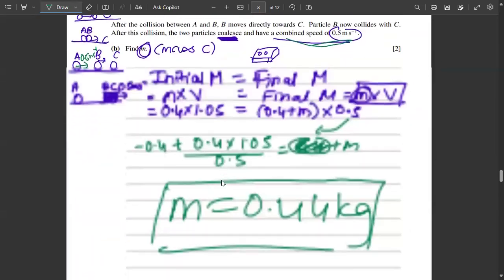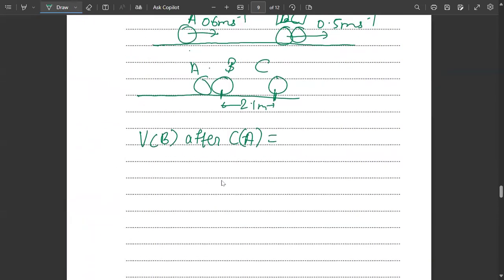The velocity of B after the collision with A is 1.05 m/s.